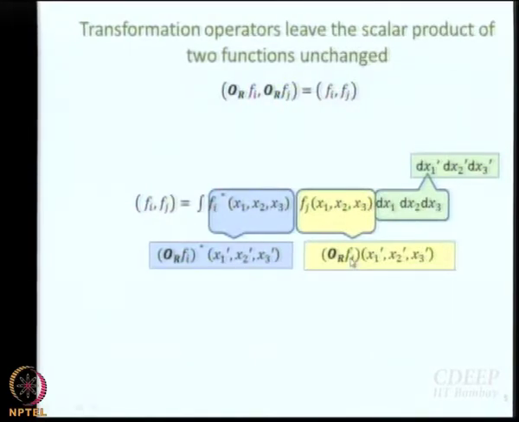What do I have on the right hand side? The scalar product of OR Fi and OR Fj, right. So, what we have done essentially is that we have proved this. Scalar product of the transformed functions is equal to the scalar product of the original functions, or in other words, transformation operators leave the scalar product of 2 functions unchanged.